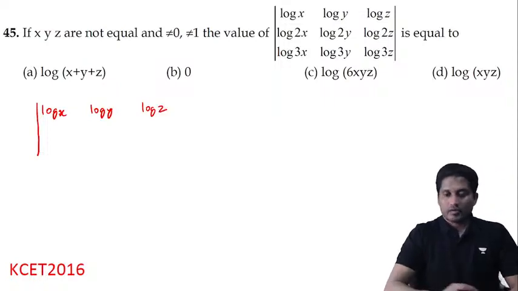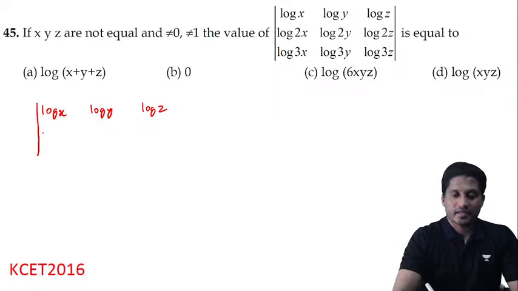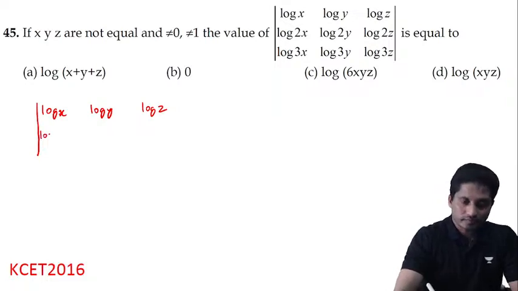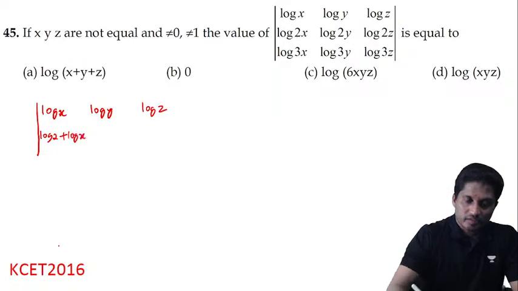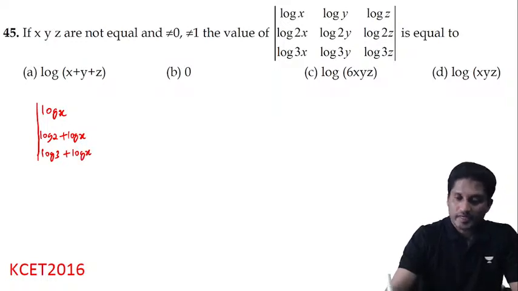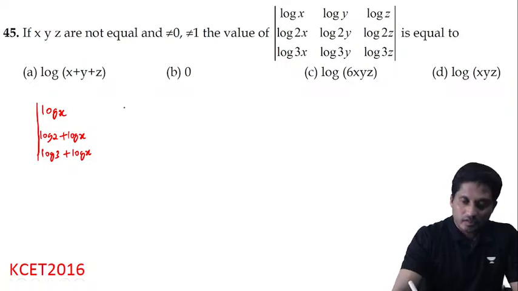Now log of m into n is log m plus log n. So this will be equal to log 2 plus log x. Similarly, this is log 2 plus log y. I'll just arrange this properly. This is log 3 plus log x, log 3 plus log x. And then this is log y.